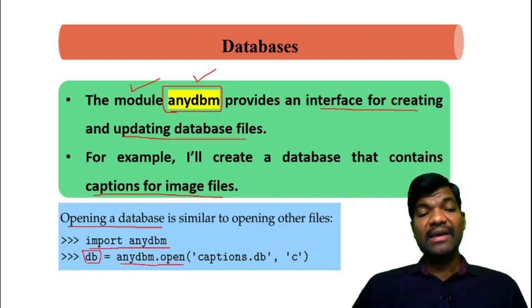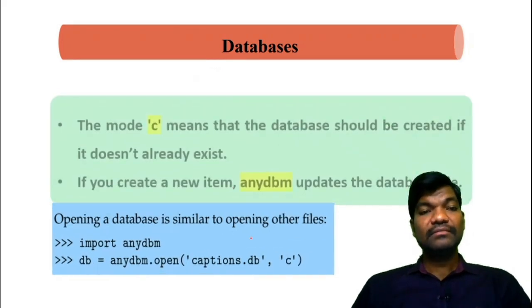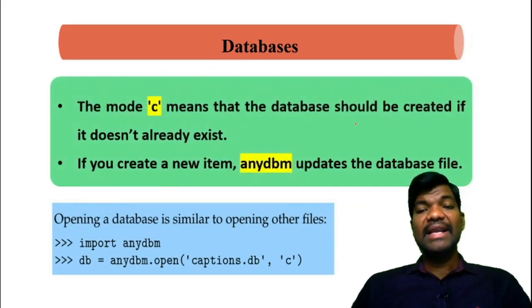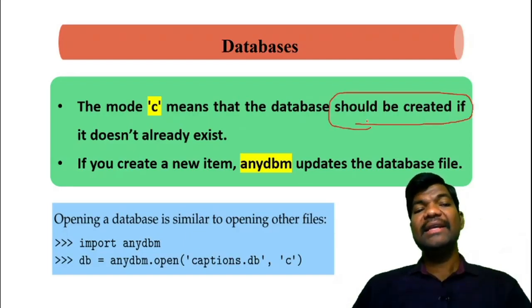What is the method here? Open. We are opening captions.db, using here 'c'. What is meant by 'c'? 'c' means creating the data.